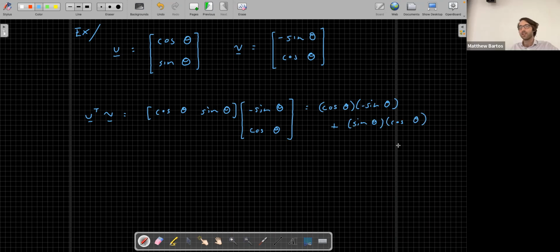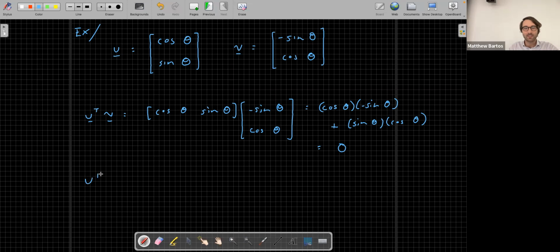Okay. And you can see that this will equal 0, right? Okay, are these vectors orthonormal to one another? Jimmy is saying yes. So we can confirm that they are also orthonormal, meaning that each one is unit norm.